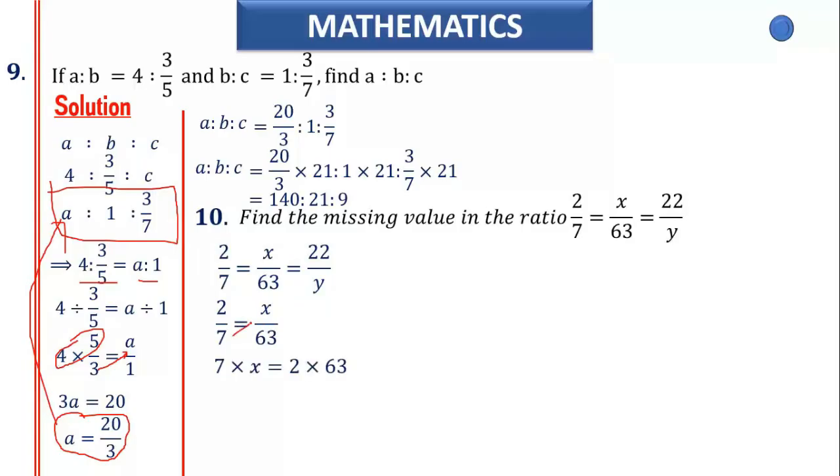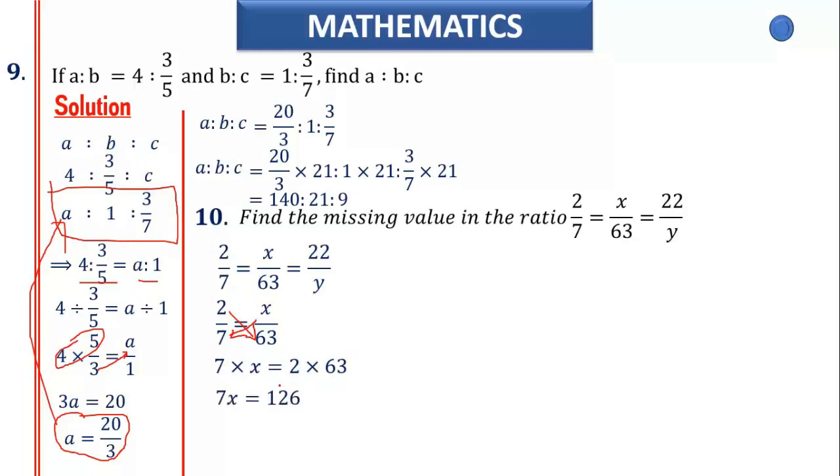Okay, so if you do that, of course you cross multiply. If you do your cross multiplication, that means 7 multiplied by x is equal to 2 multiplied by 63.